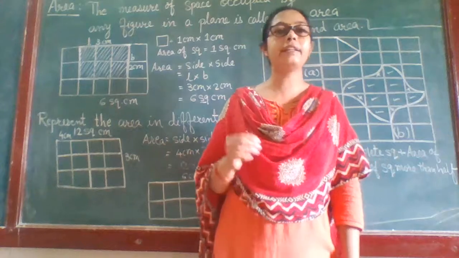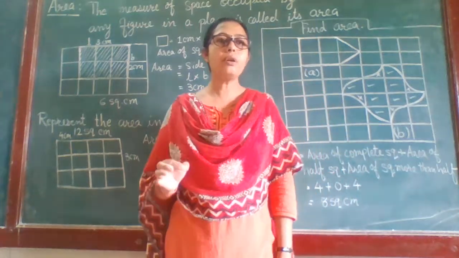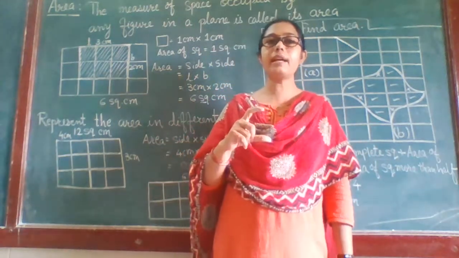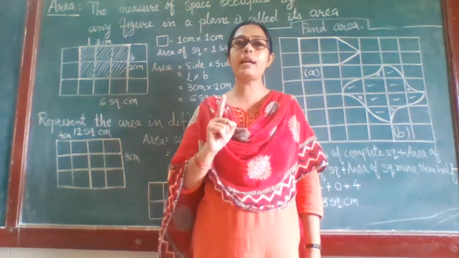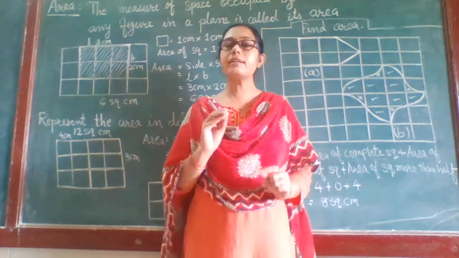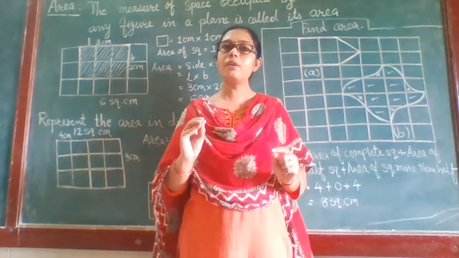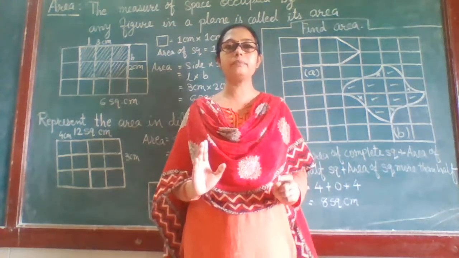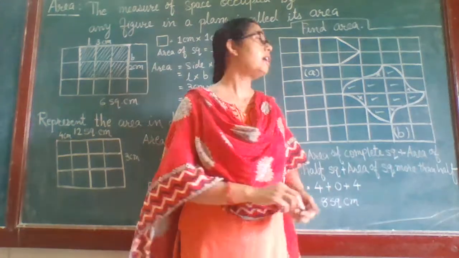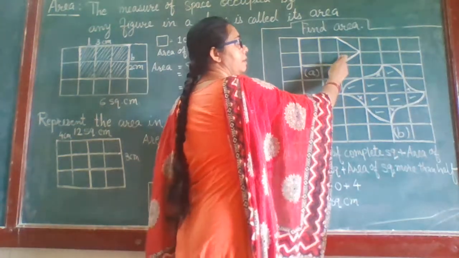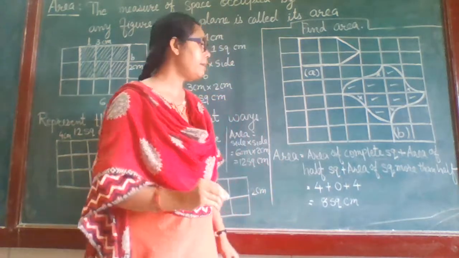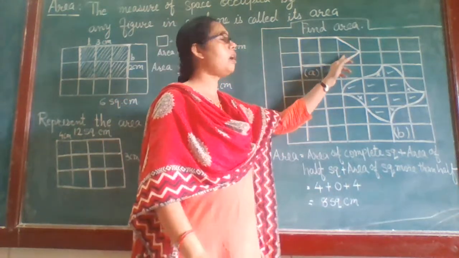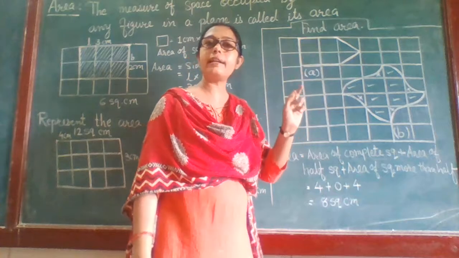How to find the area? So we know that the area of full square is equal to 1 square centimeter. We consider them as full square, complete square. If they are half square, we have to consider them as half square. But how to write? 2 half squares means 2 divided by 2.